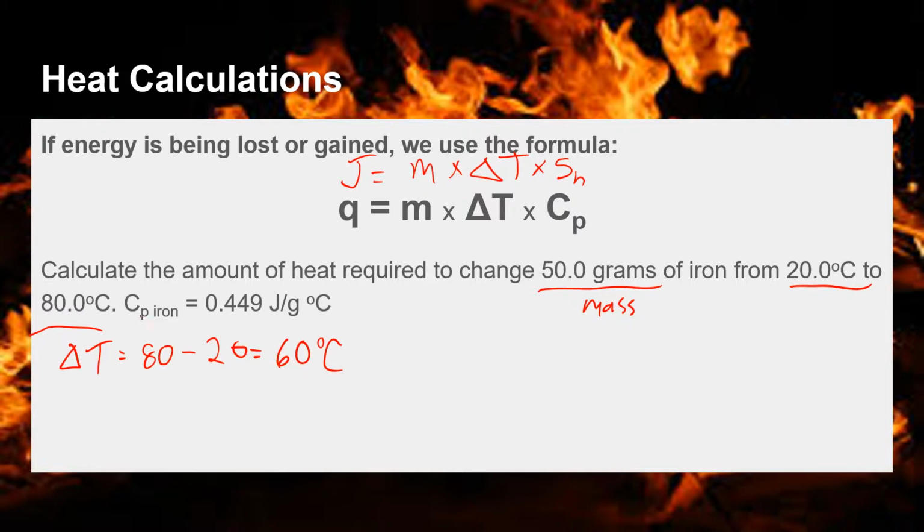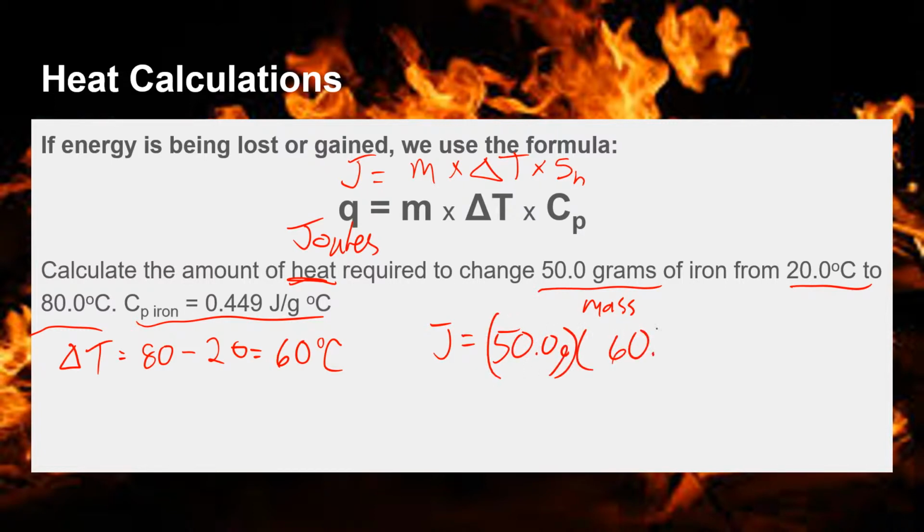All right, so moving on, here's your specific heat, which is given. If we're looking for the amount of heat, which is joules, we would say joules is equal to the mass, which is 50 grams, times the change in temperature, which is 60 degrees, times the specific heat, which is 0.449. So you just multiply all those things. This is joules per gram degree Celsius.